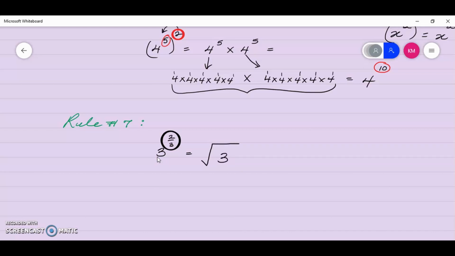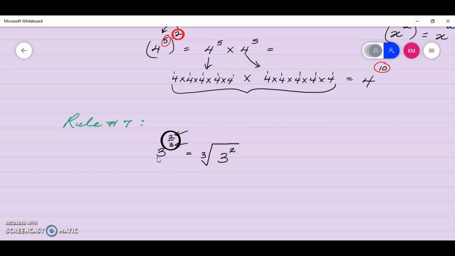So we put our base in that root, and this denominator here is going to tell us what type of root we need to find. So I'm seeing 3 as my denominator, so I know I have to find the cube root of 3. And this 2 here is going to tell us that we need to find the square, or we need to say 3 to the power 2 and then find the cube root of that.